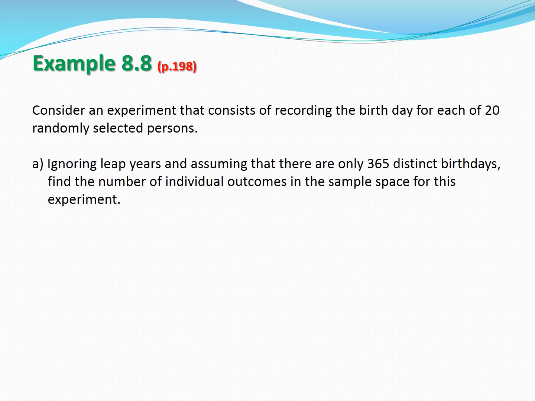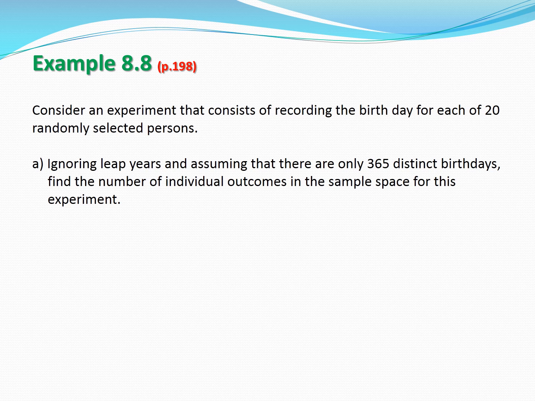In example 8.8, they did an experiment where they randomly selected 20 people and they recorded their birthday. They tell you that they ignored leap years and that each of the people had 365 distinct birthdays. So that means that there's 365 possible days for each person to celebrate his or her birthday.